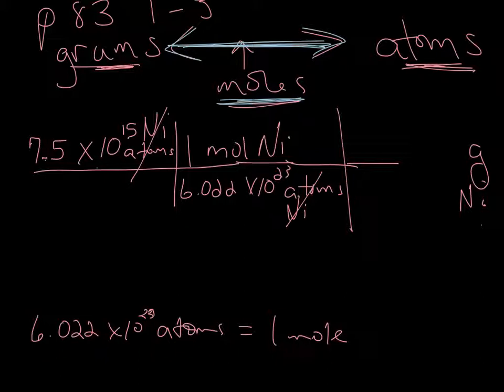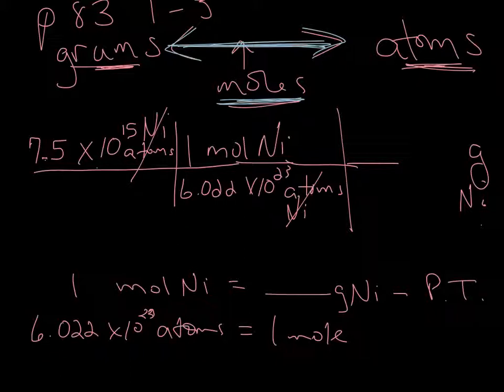So now we're trying to go from moles to grams. Do we know anything about how many grams of nickel are in 1 mole of nickel? We do, because we can look at the periodic table. So finding nickel on our periodic table. Nickel's in the center, top row in the center.